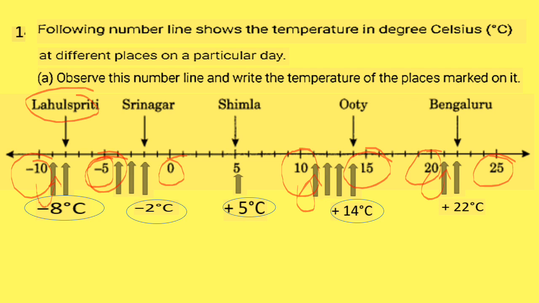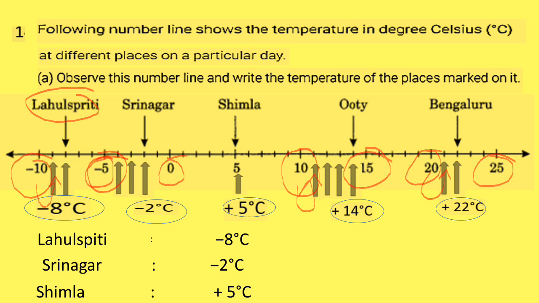So the temperature of Bangalore is +22 degrees Celsius. Now I can write the Lahu Splitty temperature as -8 degrees Celsius, Srinagar -2 degrees Celsius, Shimla +5 degrees Celsius, Ooty +14 degrees Celsius, Bangalore +22 degrees Celsius.